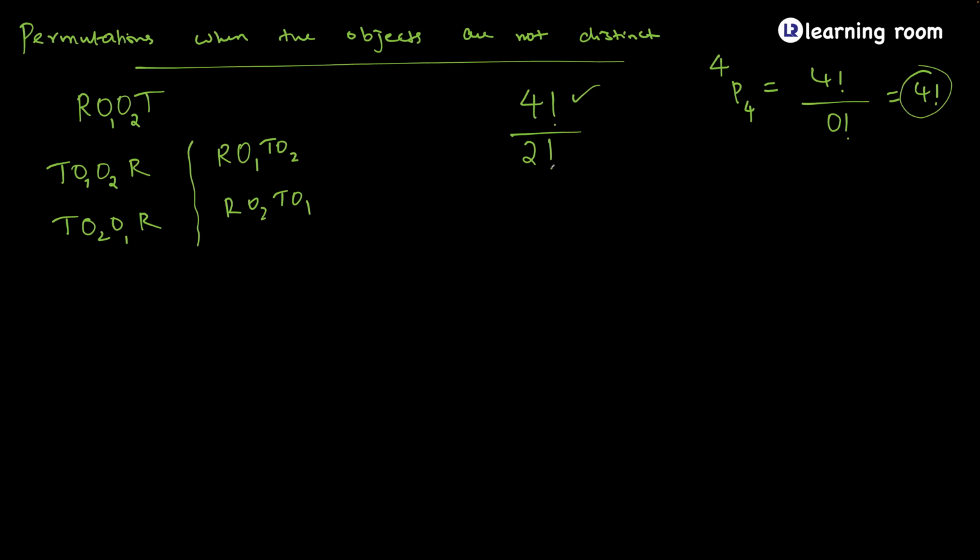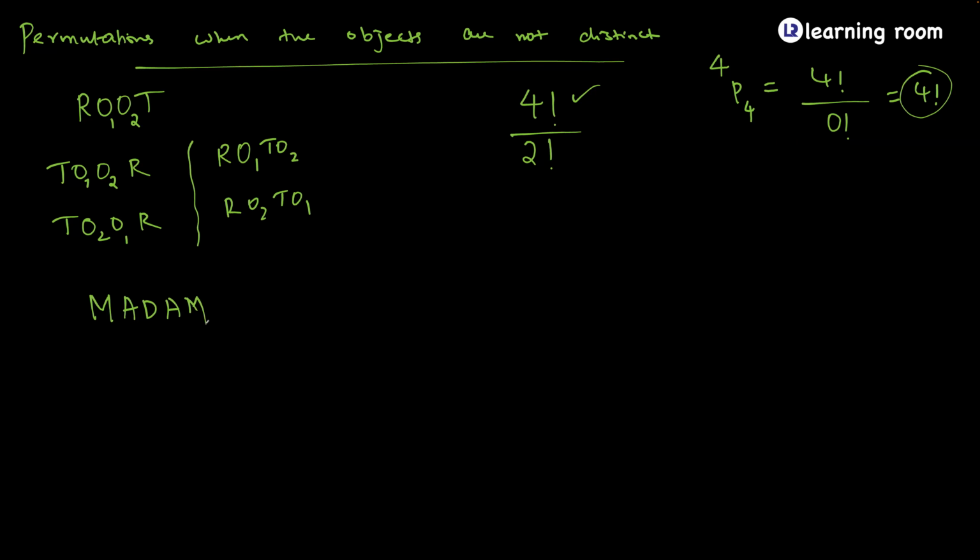Okay. Similarly, if I think of this word, how many letters are there? 1, 2, 3, 4, 5. So these 5 letters should be arranged among themselves so that you are able to form new words out of it, right?